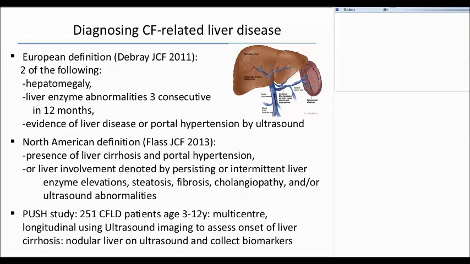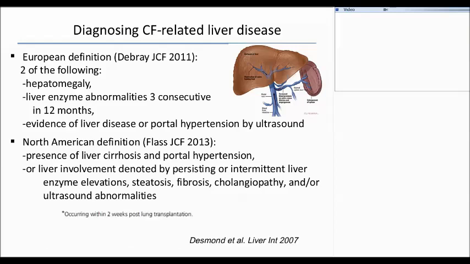For those who are not aware, there is currently an infant child study ongoing in North America, the PUSH study, first time looking at diagnostic markers and criteria as well as biomarkers in patients age 3 and older in a longitudinal way, and to look for the onset of severe liver disease in these patients, to see at what point certain markers change, what can be used to define those with liver disease, and what can be used as biomarkers to predict who will develop liver disease or not.